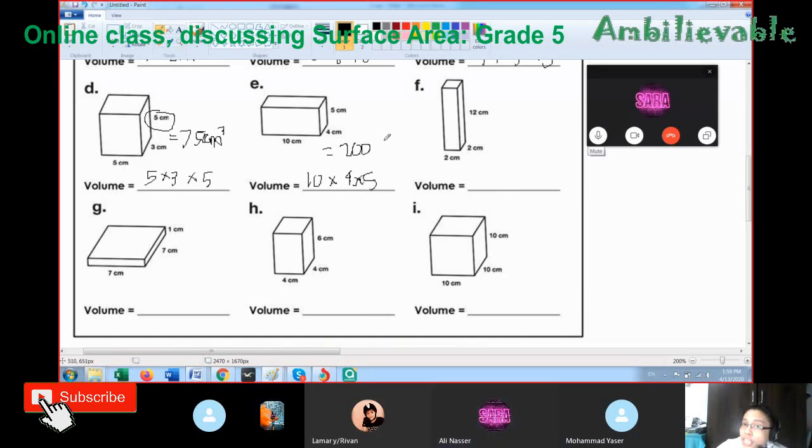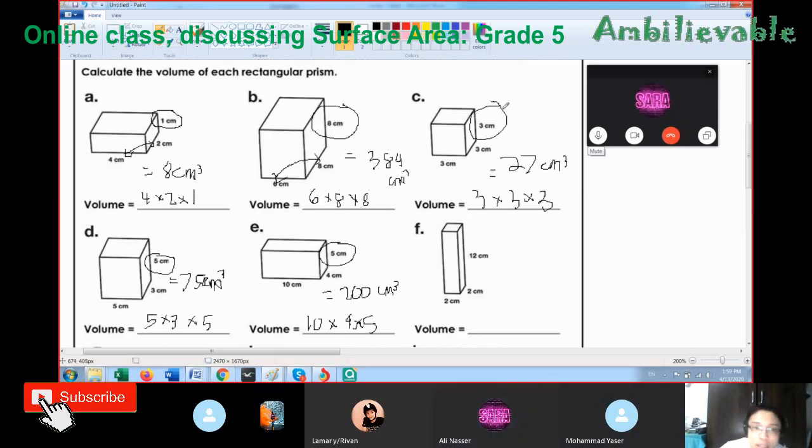What would be your unit? Centimeters cubes. Remember to cube because we are in volume. Now, what is the height of your figure? 5. Very good. That's how you identify the height or the dimension of each solid figure.